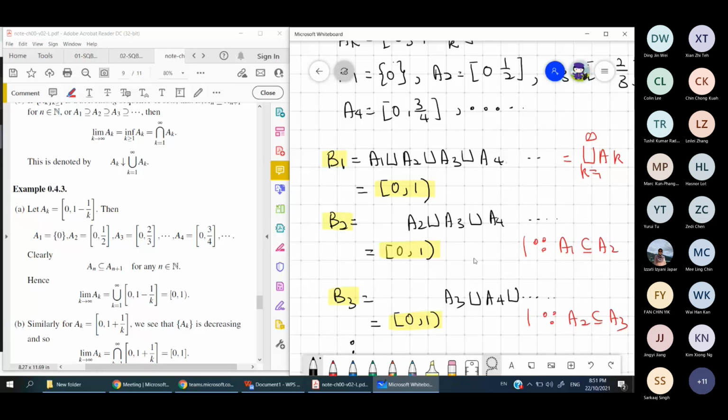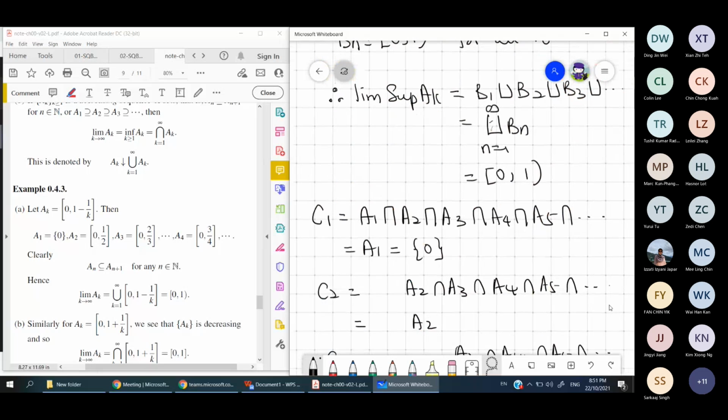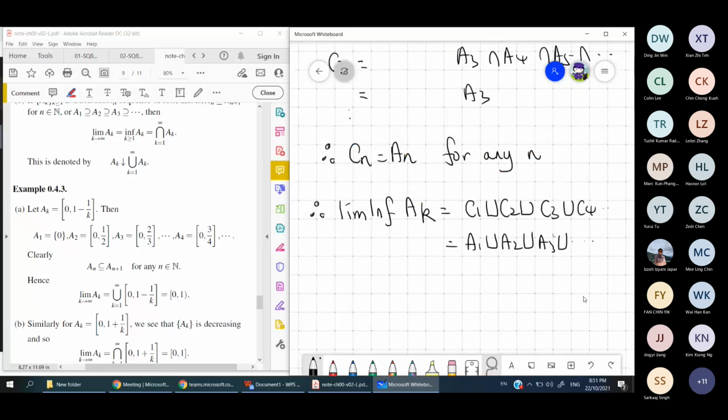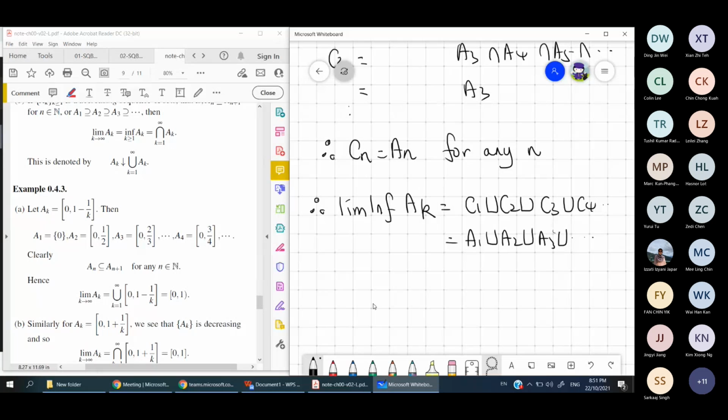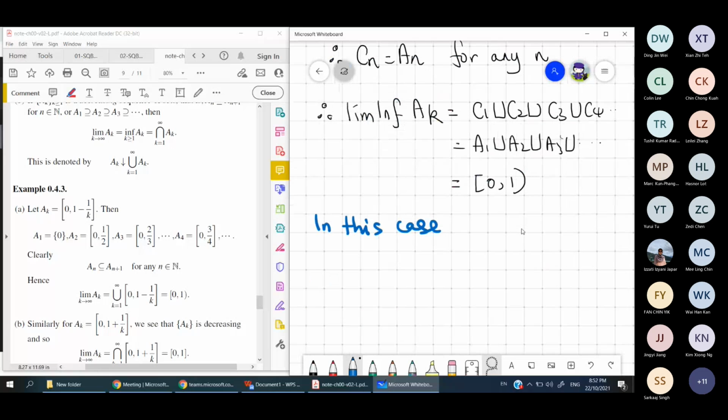So in this case, we also get this, which is also equal to [0, 1). So in this case, the limit infimum of AK will be equal to the limit supremum of AK. Both are equal to the interval [0, 1).